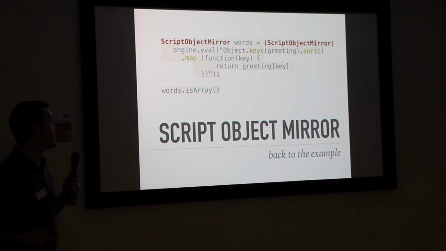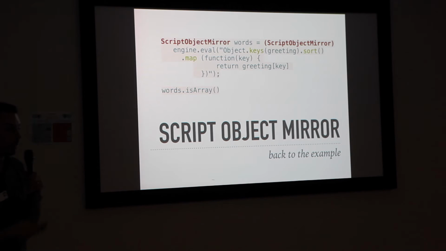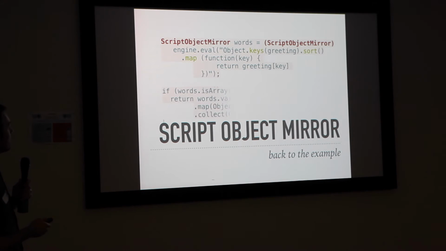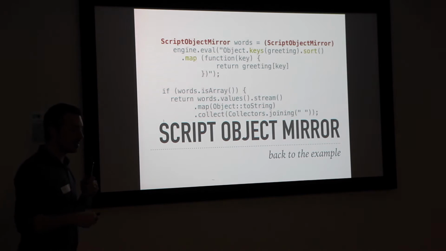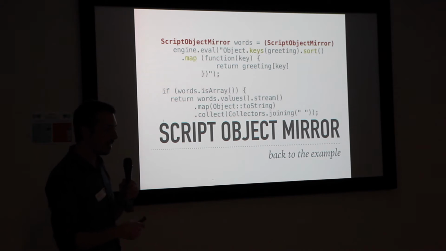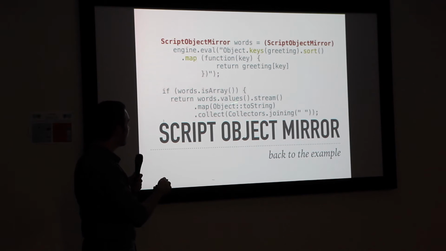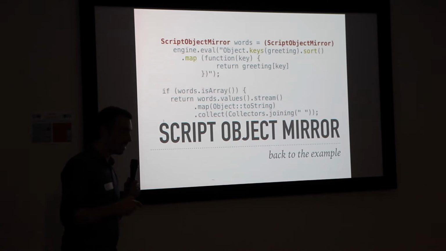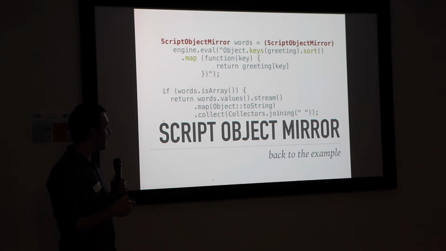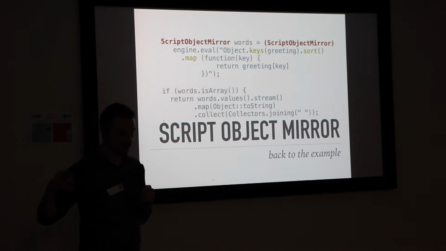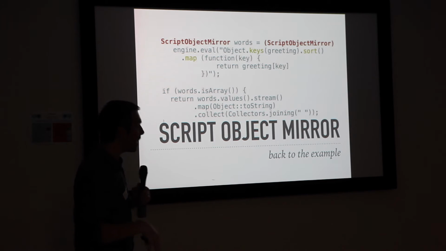Are you actually an array or a function or whatever? We can ask it now what it is in JavaScript. And when it comes back with true, we can start going, give me all the values. Because this is a binding, so that's a map, we can just get the values, and it'll give me all the values that are coming back out of that map.